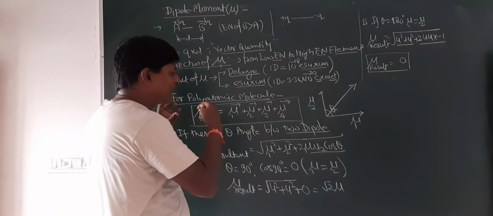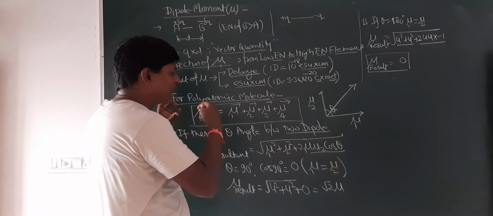But if you are given a symmetric molecule, like CO2, BF3, the dipole moment of the system will be 0. Mu net will become 0. So these are the conditions where we can consider that the dipole resultant for that system will be 0.